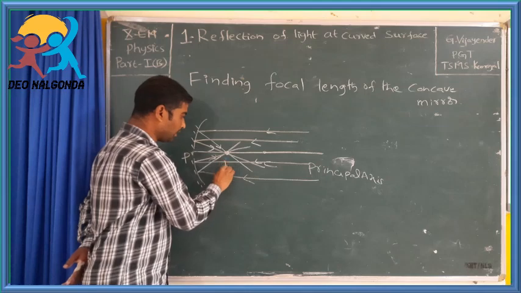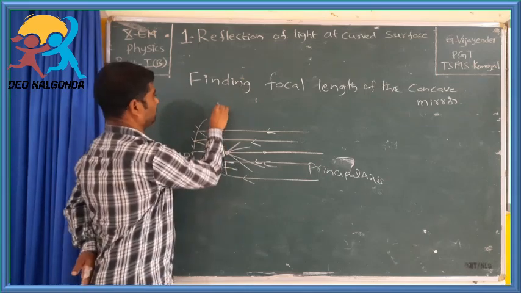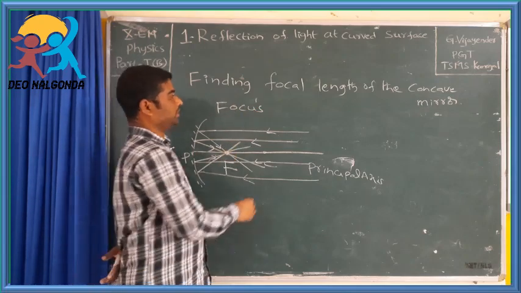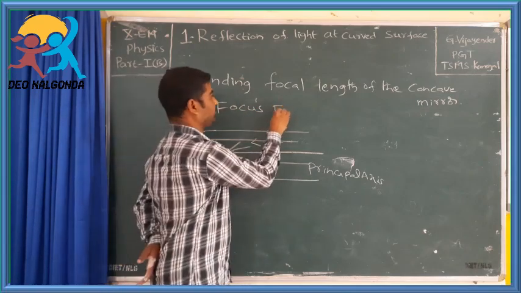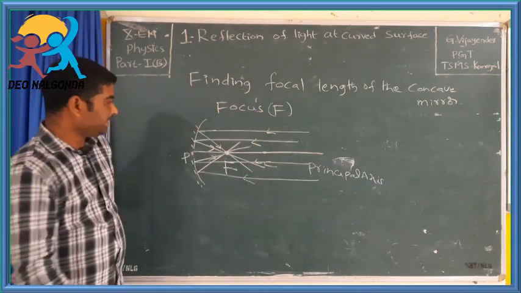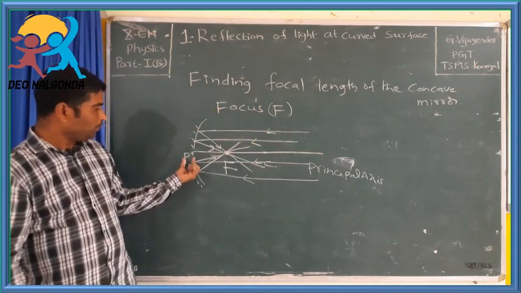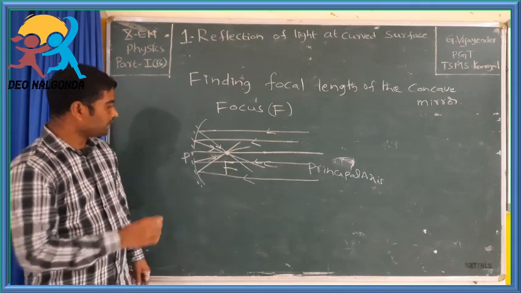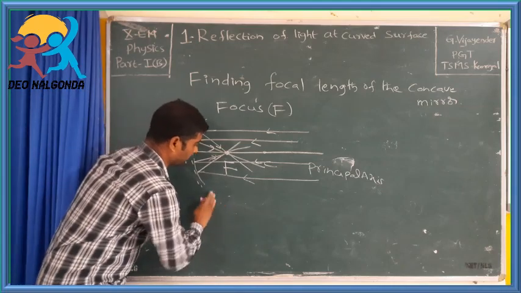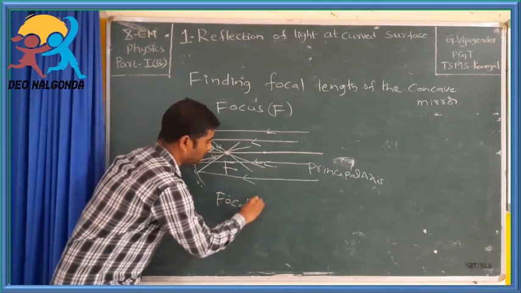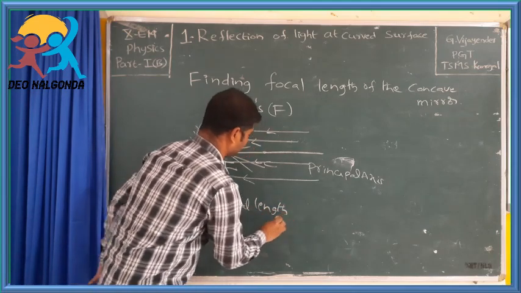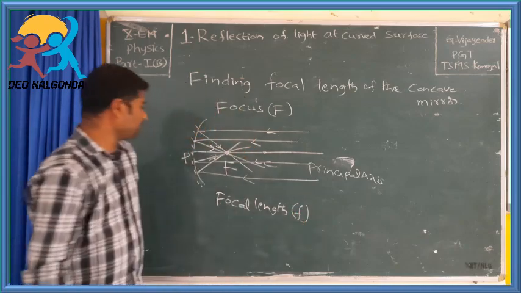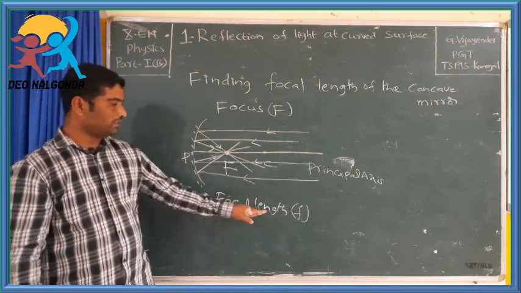This point is called focus or principal focus, denoted by the capital F. The distance between the pole P and principal focus F is called focal length, denoted by the small f.